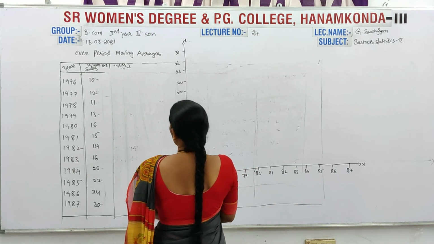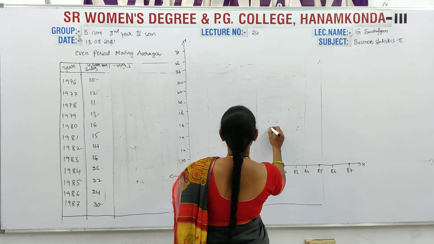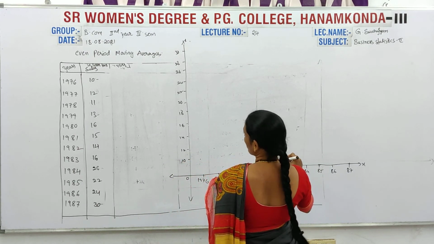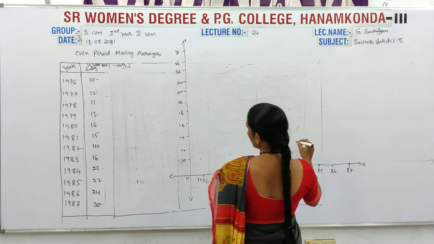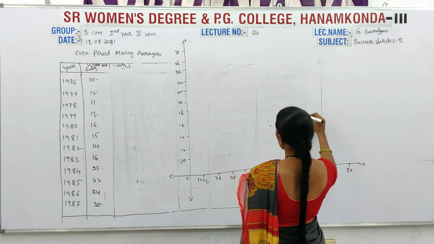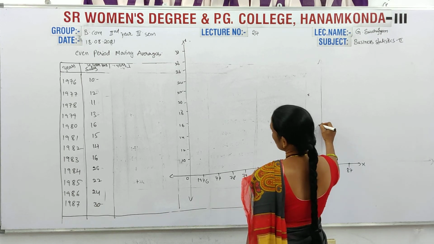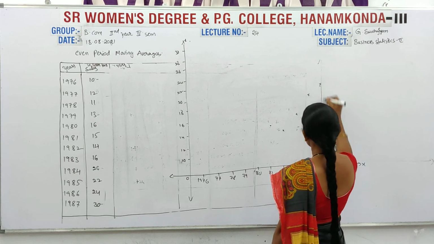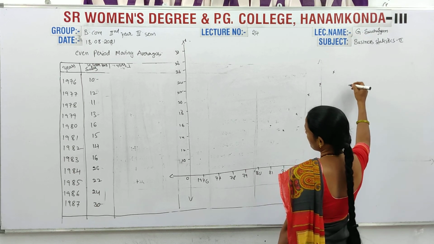Next 81, 15 below. 82, 14 again. 83, 16. 84, 20. 85, 22. 86, 24. 87, 30.